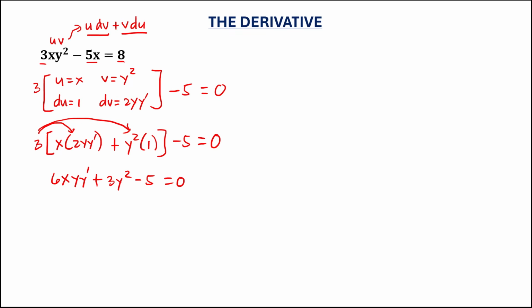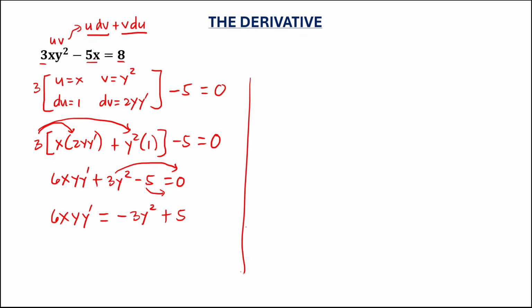Then we need to transpose all terms without y prime. So we have 6xy y prime equals, transpose these terms without y prime, this becomes negative 3y squared, transpose, that becomes positive 5.